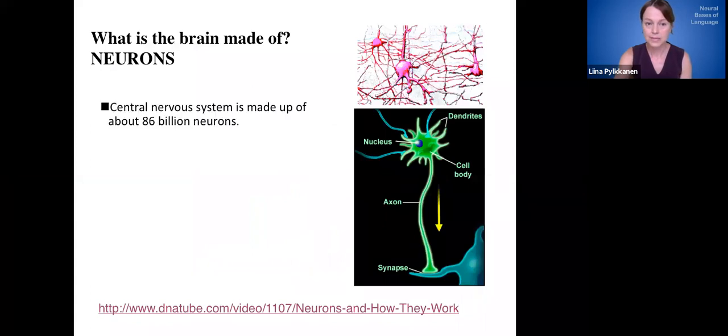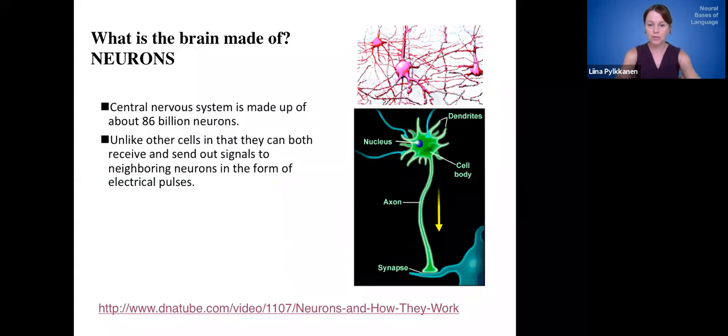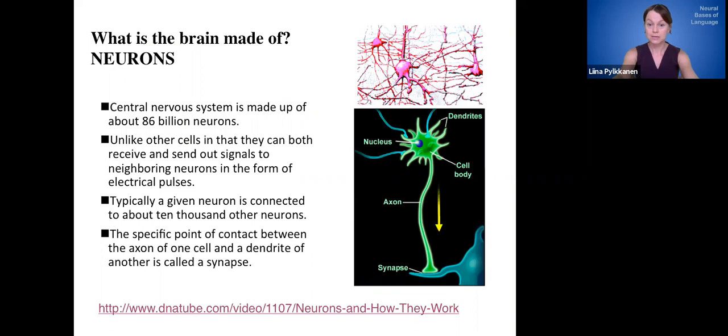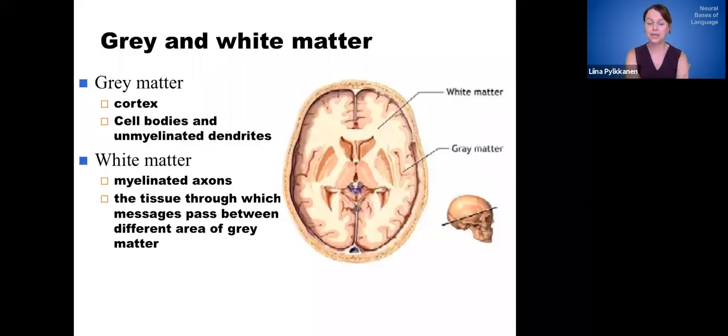That gives you a basic idea of the structure of neurons and what they do in your body. Understanding the structure of neurons is also key to understanding the difference between gray matter and white matter, terms that you probably have encountered before. Gray matter is the cortex, the skin of your brain.